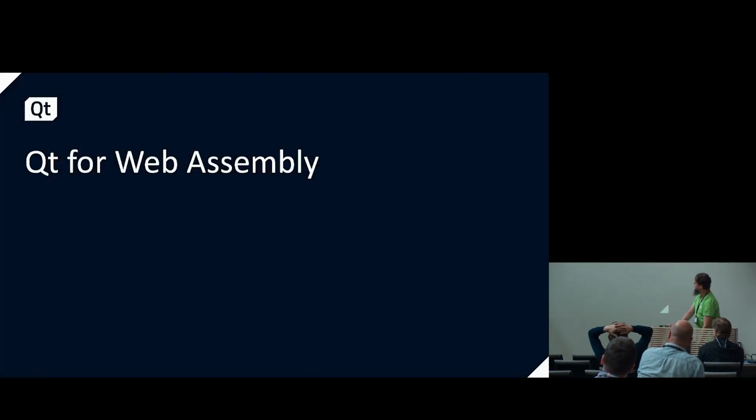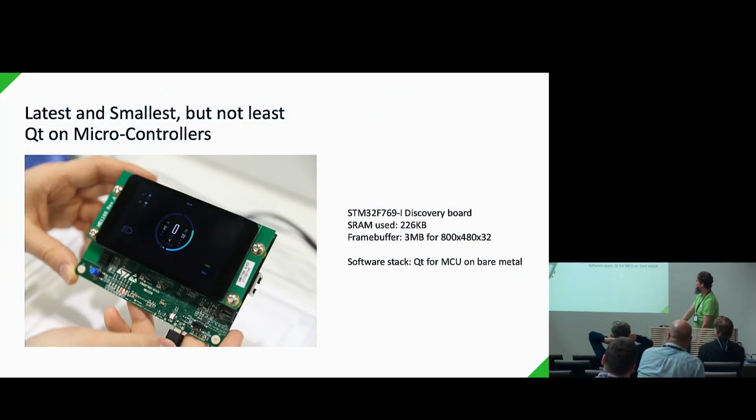And then last but not least, or latest and smallest but not least, I should say, is Qt for microcontroller units. That's something we have been spending quite a bit of time on over the last year or year and a half perhaps, with different strategies that we tried out.